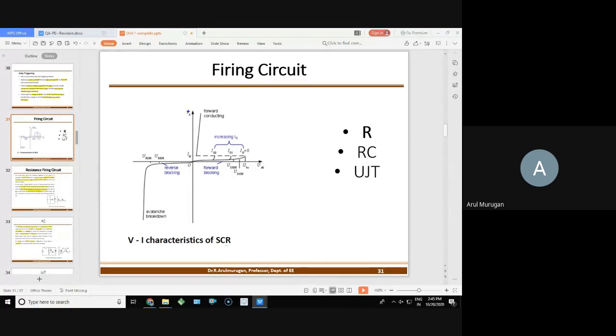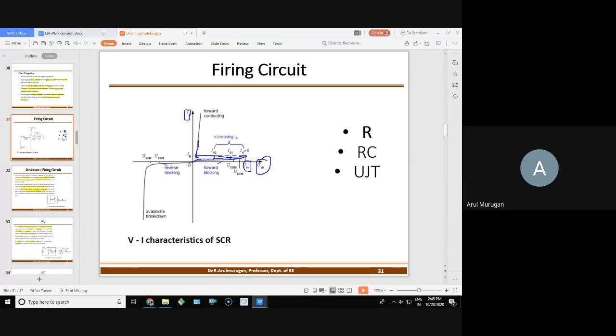Here anode current is available, the output current, and here is the output voltage, that means VAK is available. The curve starts to move up slowly. The current is very small while the voltage increases. Only the voltage value increases. Once it crosses the breakover voltage, the current value suddenly starts to rise.